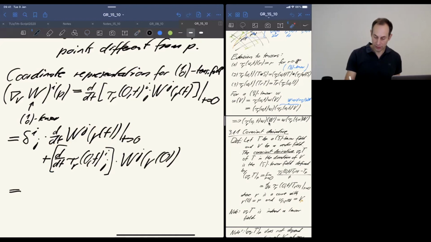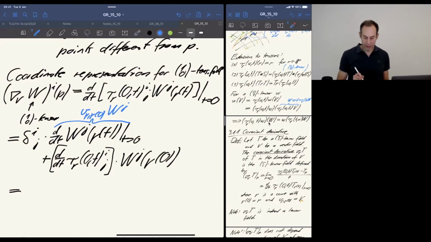So let me write this here. This is the same by definition as taking the velocity vector of the curve at the point where I'm interested, gamma(0), and applying this to the function w_j.